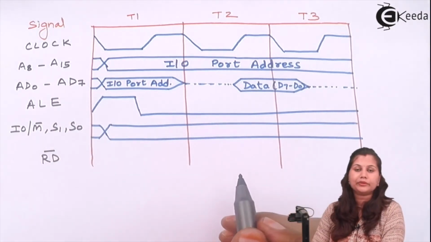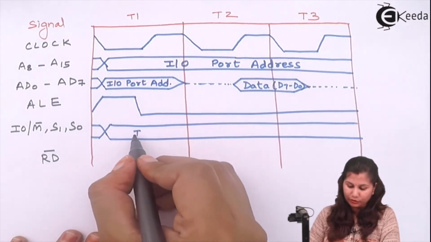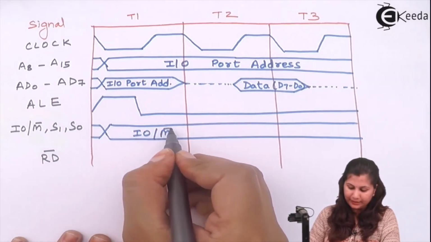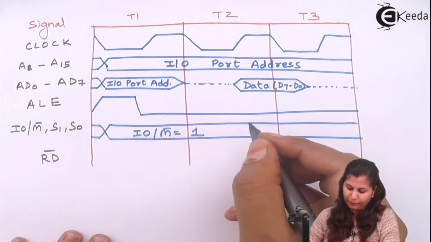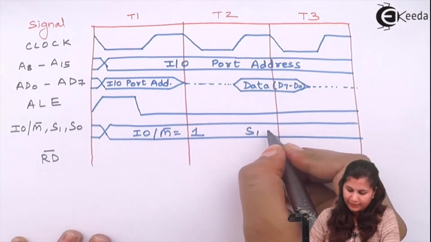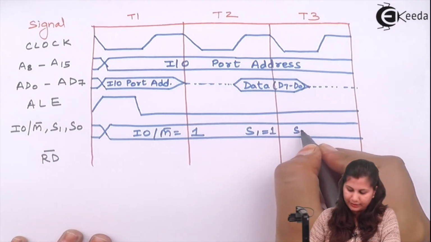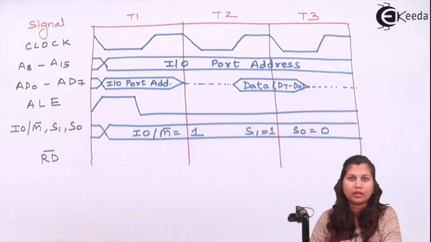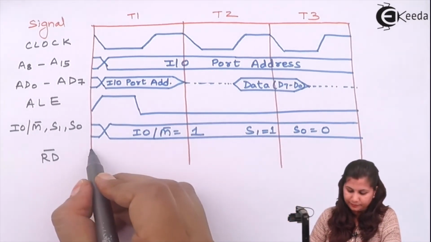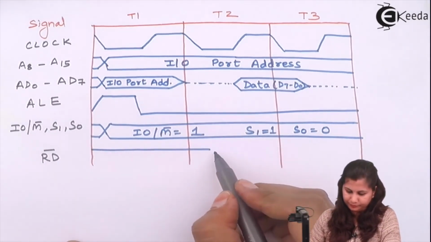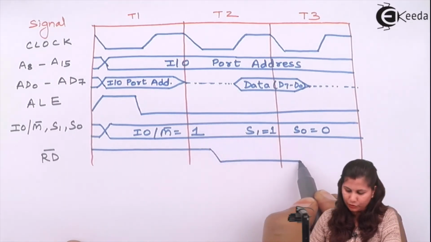As this is an input output read machine cycle, the input output and memory signal is 1, indicating that it's an input output operation. Then we have S1 equals 1 and S0 equals 0, because this is an input output read machine cycle. Then we have the read signal. The read signal is low.